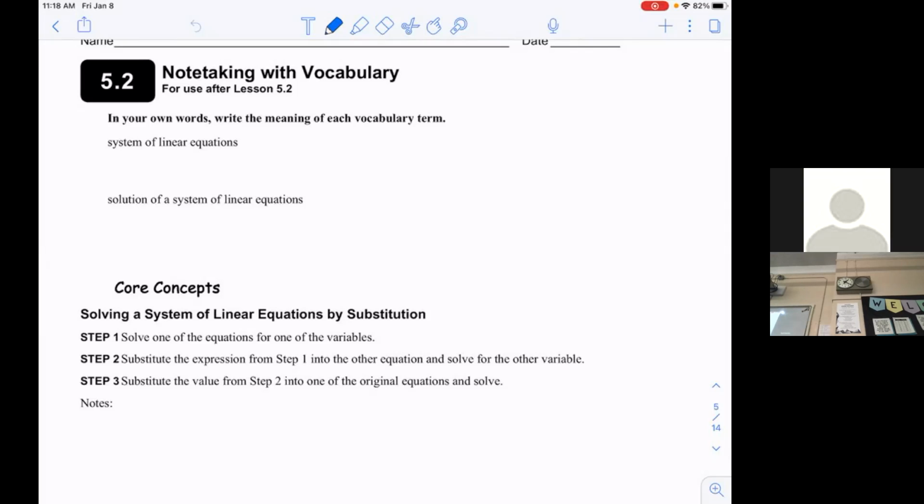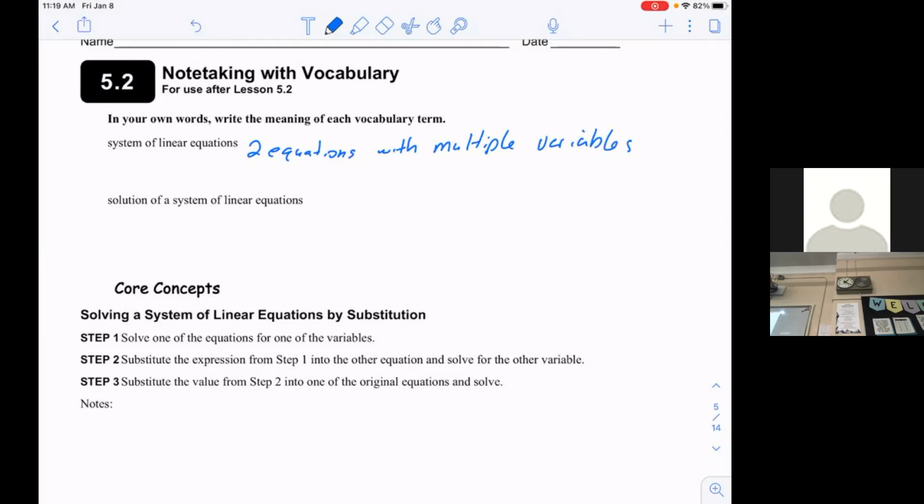So a system of linear equations, we talked about that. A system is going to be two equations with multiple variables.